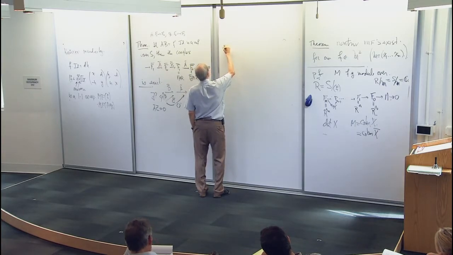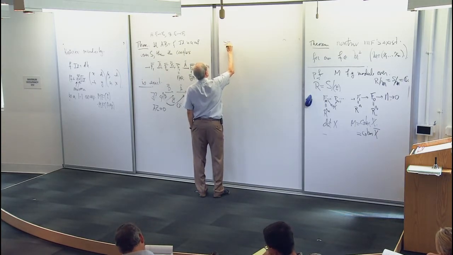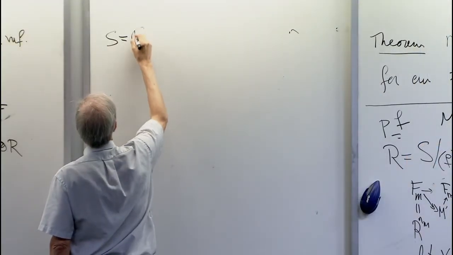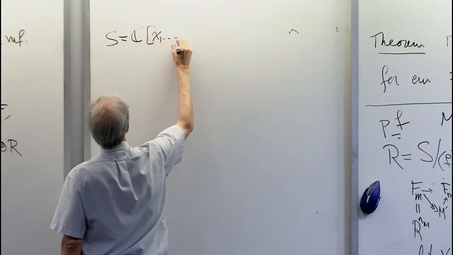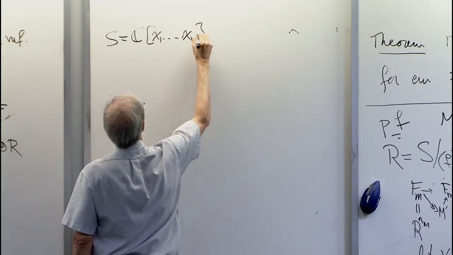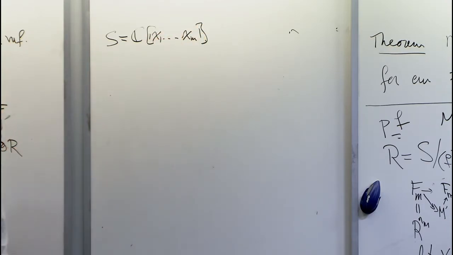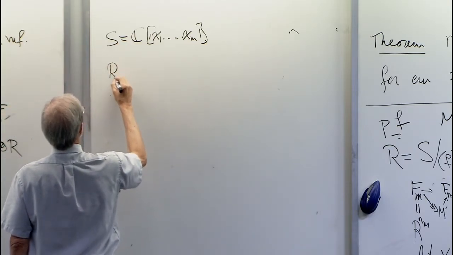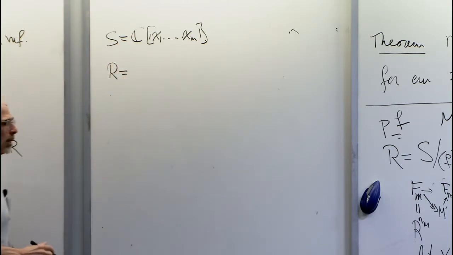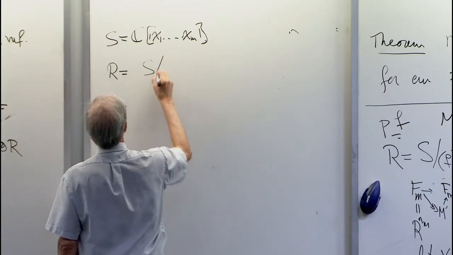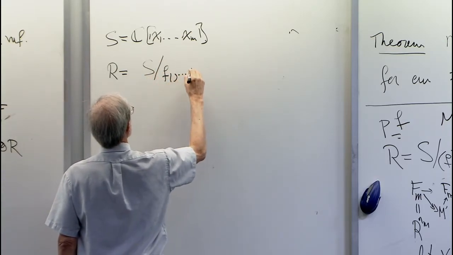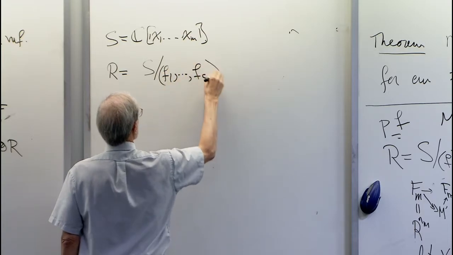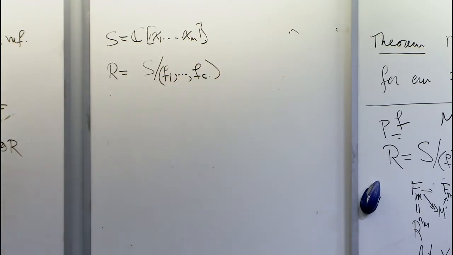So suppose I start with the same ring S, which was power series in a lot of variables, or any regular local ring, and there are more general things too. And then I take R. Now instead of factoring out one polynomial, I'm going to factor out a bunch of polynomials. Let's say C of them. R equals S mod F1 through FC. And I'm going to study resolutions there.